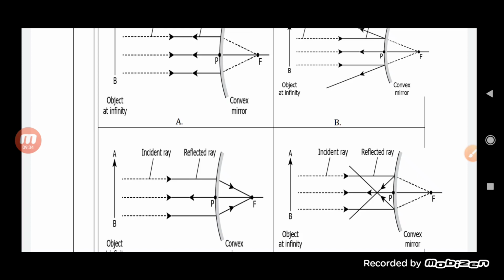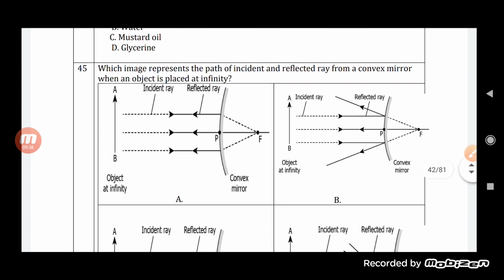Now you will find that the correct option is the B one. Here the proper reflection of the light can be easily traced out, when an object is kept at infinity and the mirror is a convex mirror. Such kind of image will be formed here. So the correct option will be B.